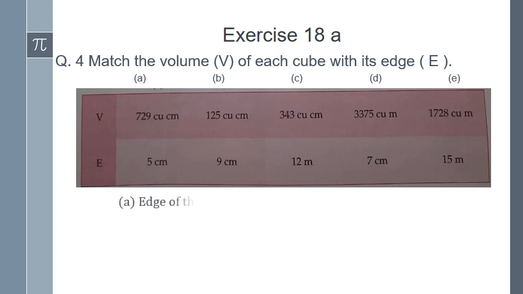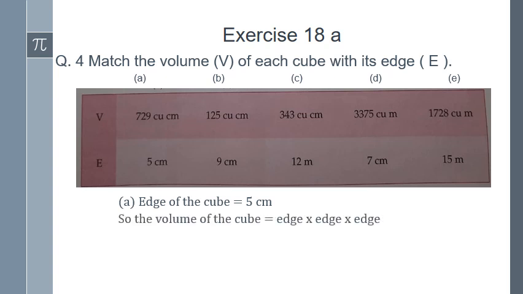So we know that in A part, the edge of the cube is 5 centimeter. And so the volume of the cube is equal to edge multiplied by edge multiplied by edge, right?